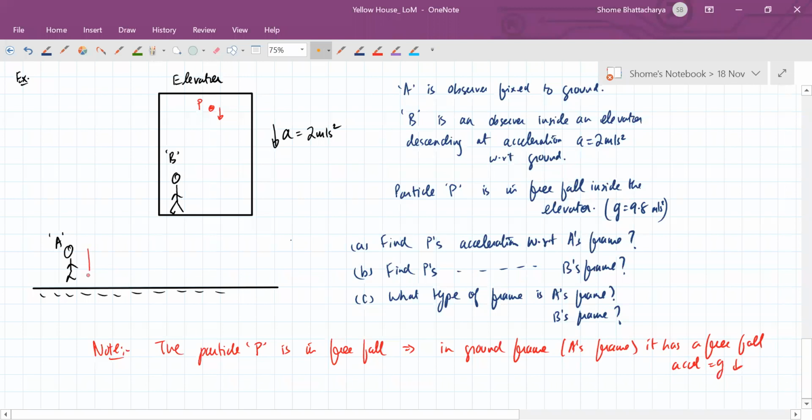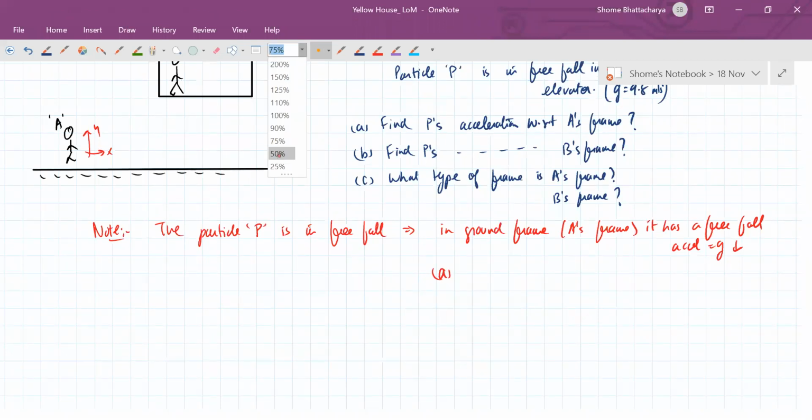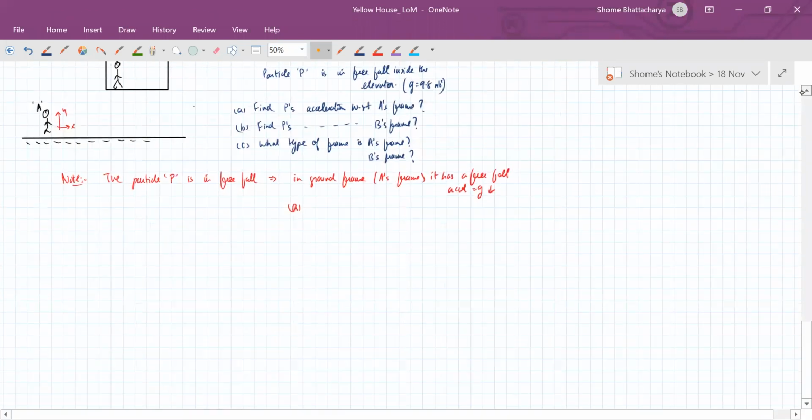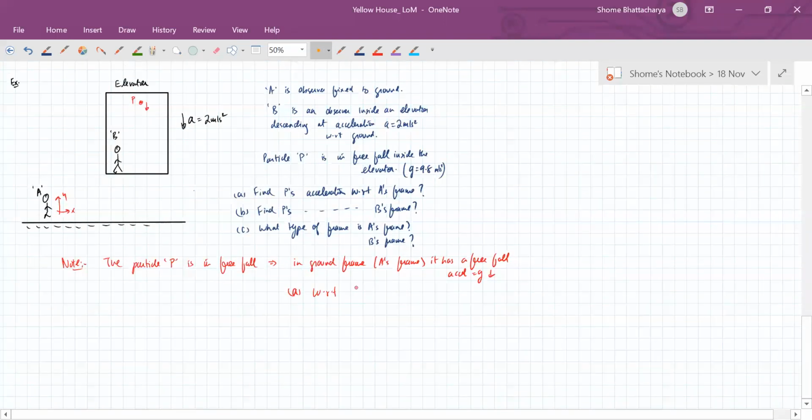So with respect to A's frame, the acceleration of the particle will be this much.